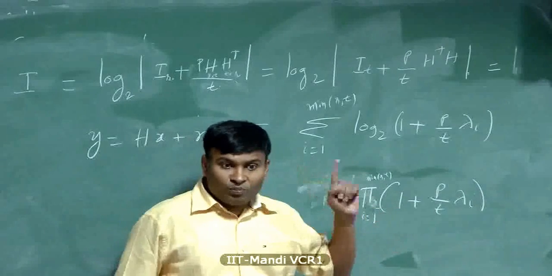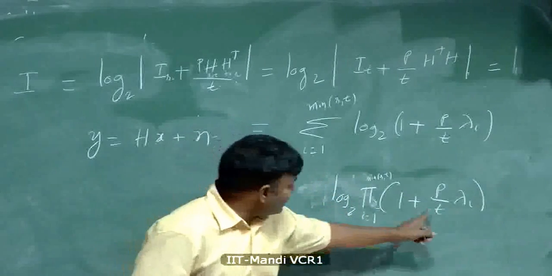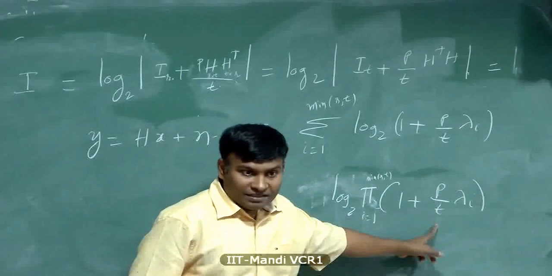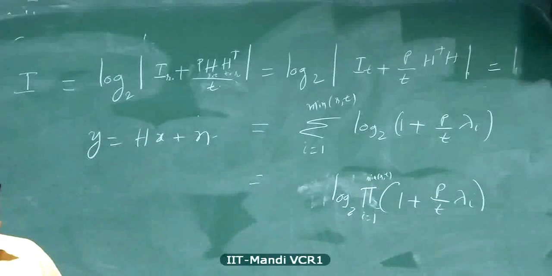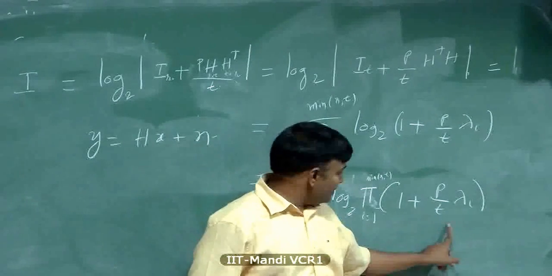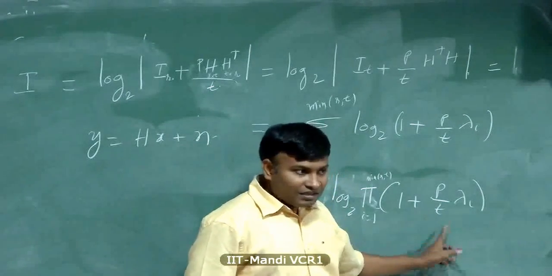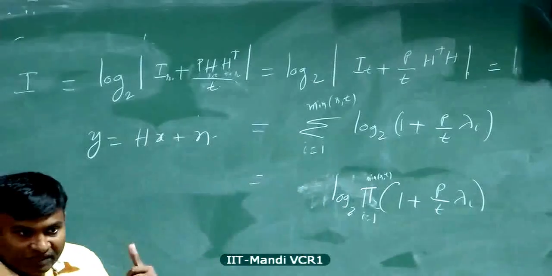Well, if you don't do water filling, and if you divide the transmit power equally among T streams, or in this case we call it the minimum of R comma T, but let's say T streams, this is practically close to the capacity with feedback.